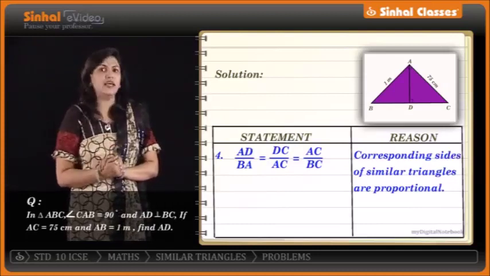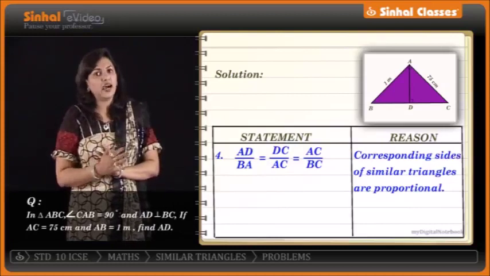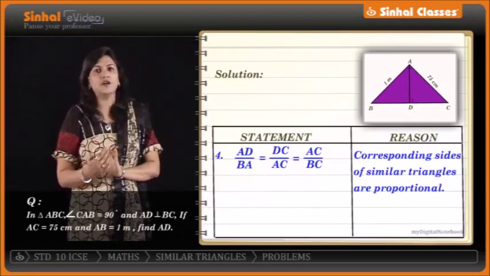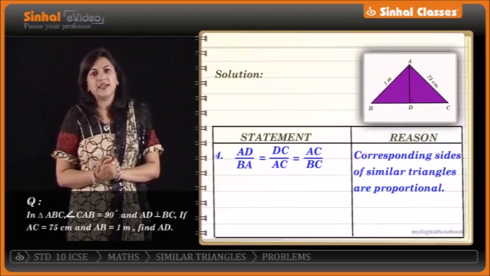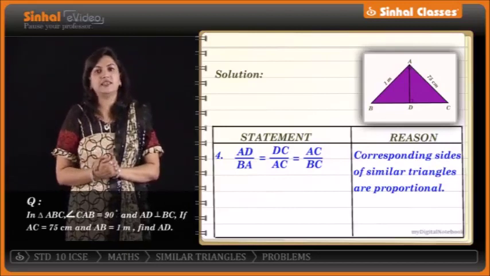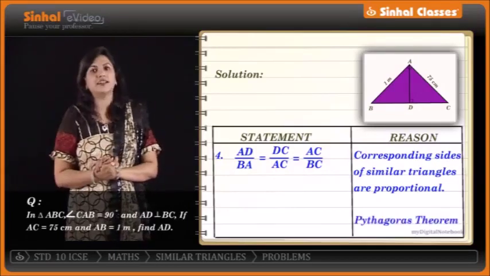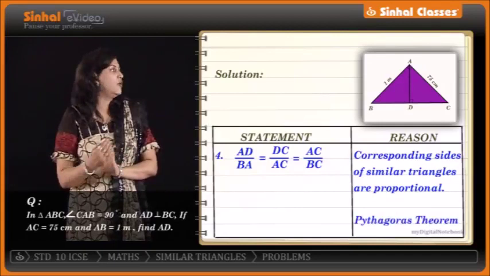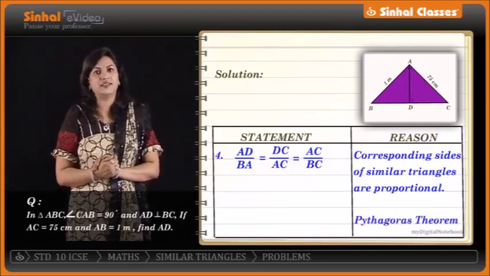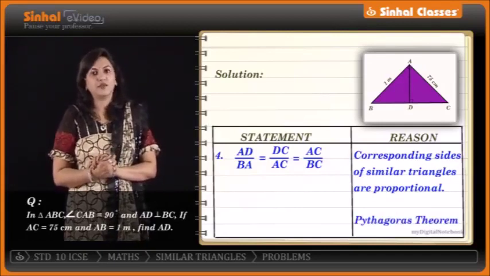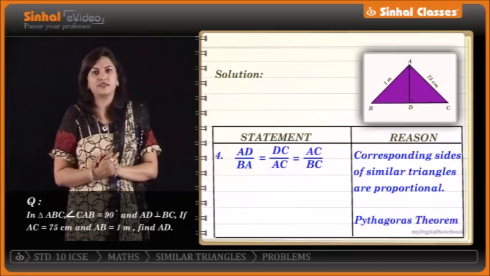We need to find the length of AD. We do not know the value of DC or BC, but the length of BC can be found by using Pythagoras theorem. We have the right angle triangle ABC and we know two sides of the triangle. So we can find the hypotenuse BC by Pythagoras theorem.